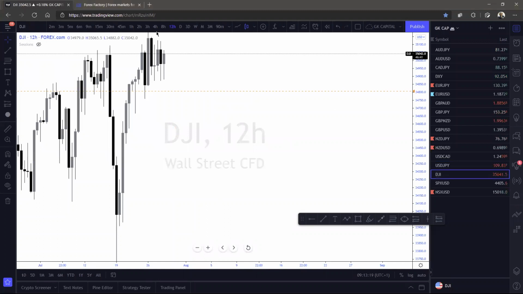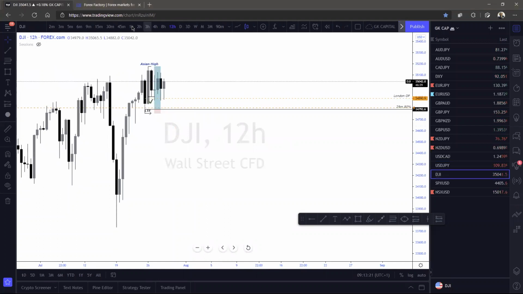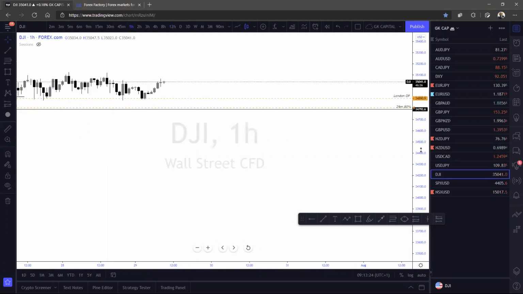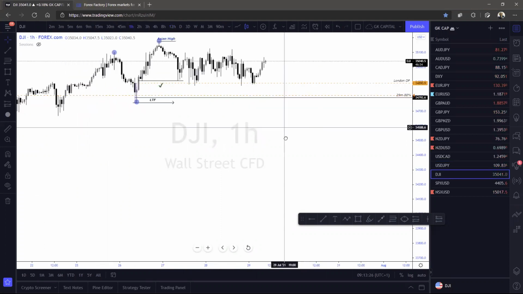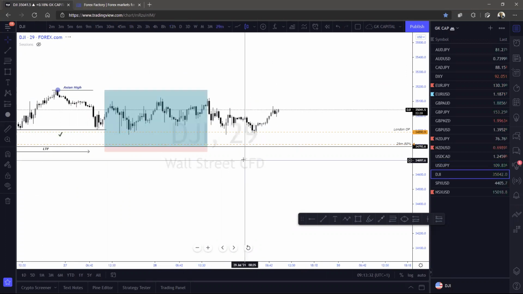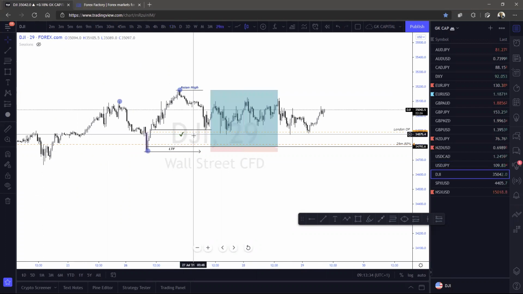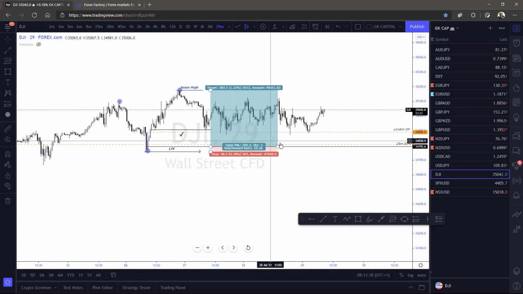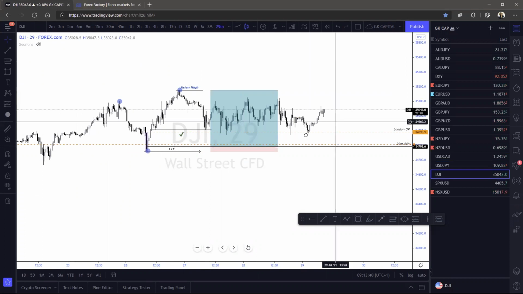US 30. So US 30 seems to just, I think, turn up. Yeah, there you go. US 30 just seems to be tapping into that imbalance and that open. I was looking for deeper, but it couldn't quite come in.